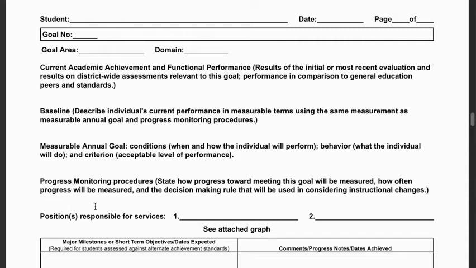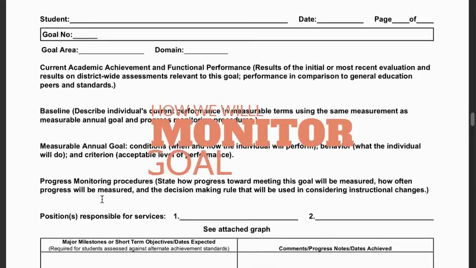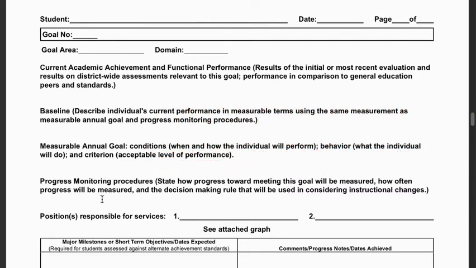The next paragraph here would be how we will progress monitor it and how often, and then how we would know when to make changes. So a lot of times for reading, it would be a fast progress monitoring passage once a week, and then we would graph it weekly and make changes at least once a month.